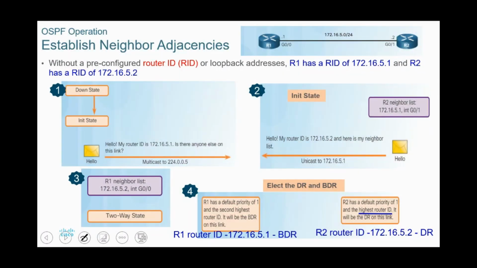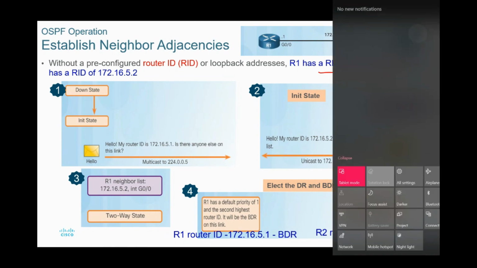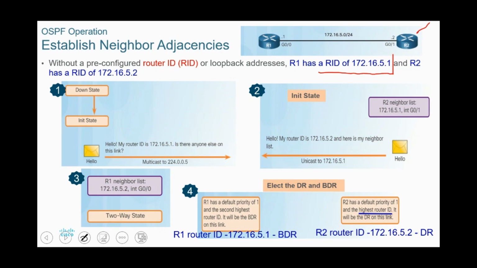Okay, establish the neighbor adjacency. Now, without a pre-configured router ID or loopback address, R1 has a RID of 172.16.5.1. So we assume that for this configuration here, we have R1, and R1 is using the router ID of 172.16.5.1. And router 2 here is configured with the router ID of 172.16.5.2.